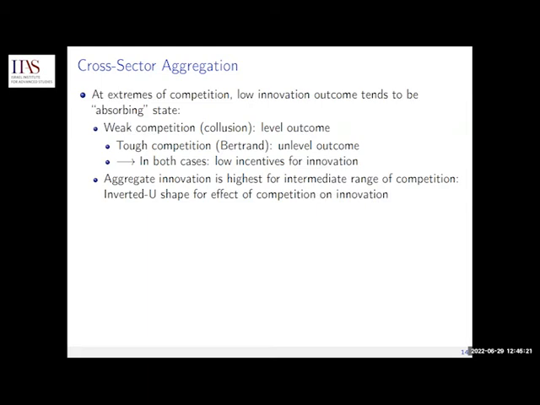In the sectors where competition is weak, where you have the collusion, the absorbing state is going to tend to be the level outcome, because the firms don't have a great incentive to innovate. Yes, you go from half to 1, but those incentives are not as strong. And I don't think you go to 1 automatically.